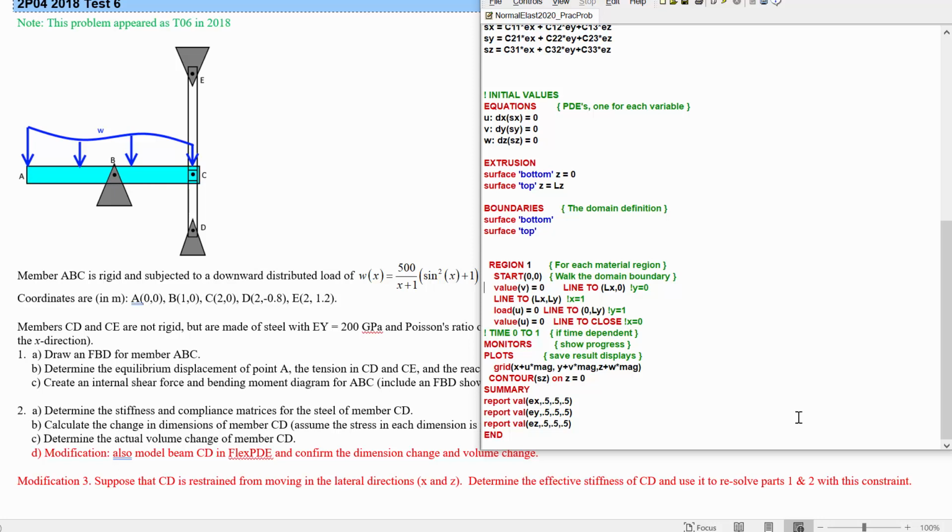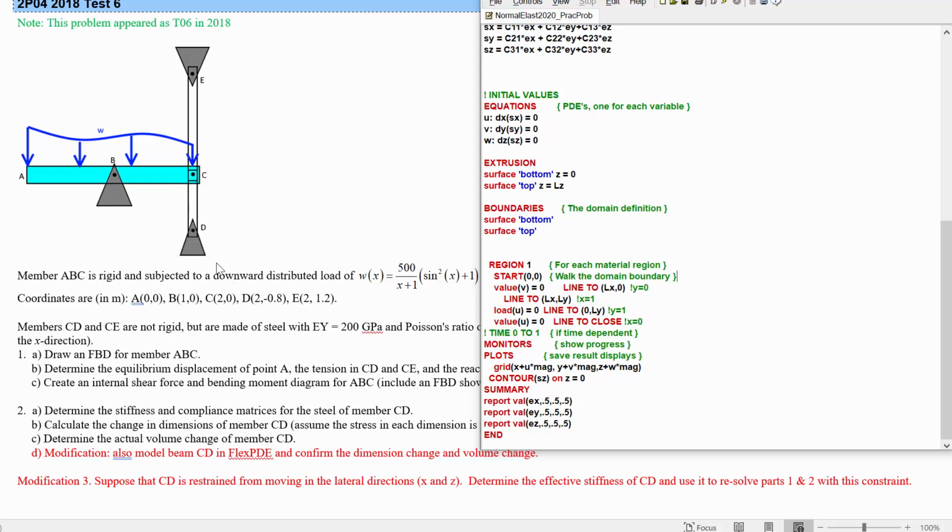Okay, so with no Y displacement on the bottom surface, and then on the side, on the X equals 1 side, what's going on is we start off at the bottom. Draw this for X. Imagine this is our 0, 0 in FlexPDE, and then we go across to LX0, which means we go across to here, and then we go up to there, and then over to there, and then down to there.